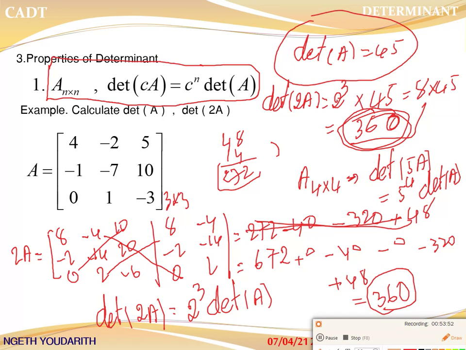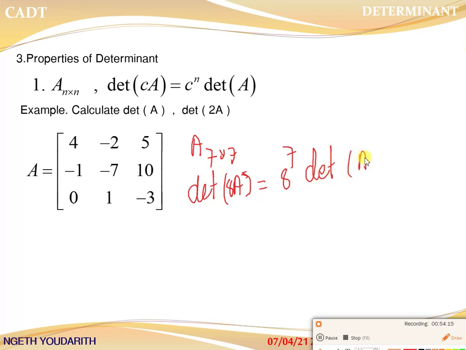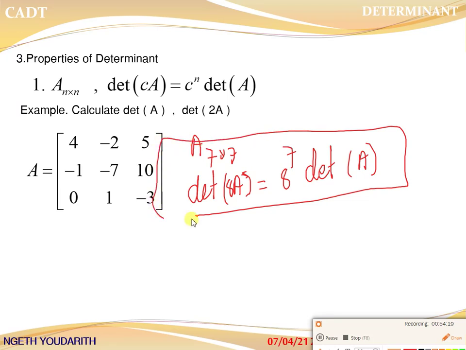Please be careful about this point. For example, if matrix A is 7 by 7, then the determinant of 8A is equal to 8 to the power 7 times determinant A.